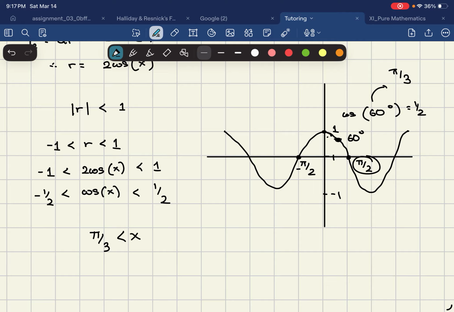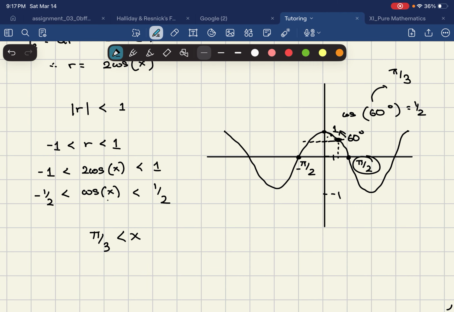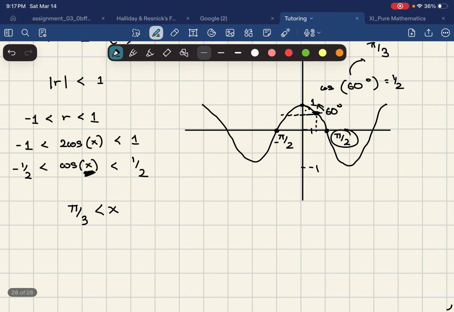Pi by 2 is 90, right? So let's say this is 60 degrees. Anything less than 60 degrees, corresponding to these values, is bigger than half. It's towards 1. So I need my angle to be bigger than 60. So my angle x, which is the argument for my cosine function, is bigger than pi by 3.